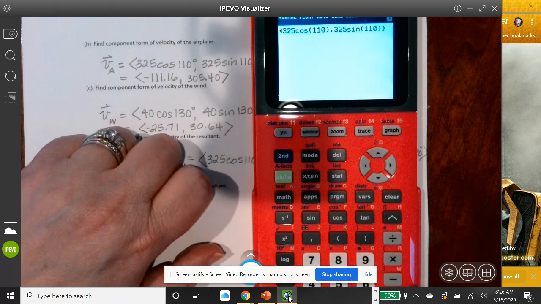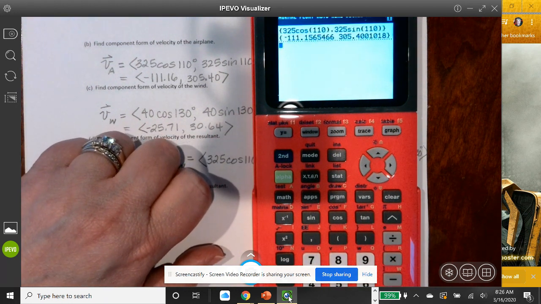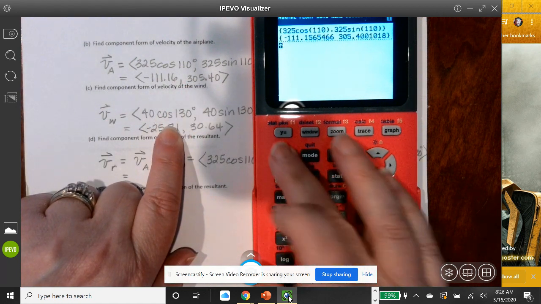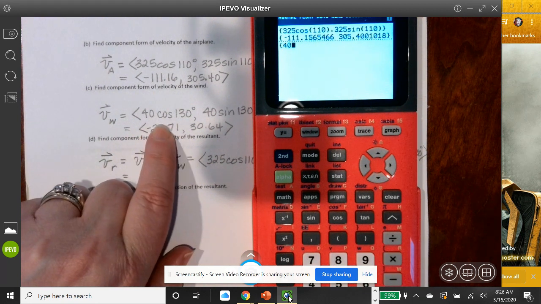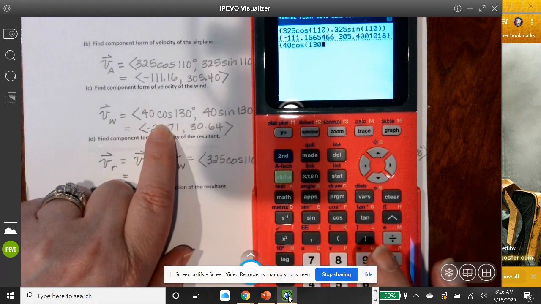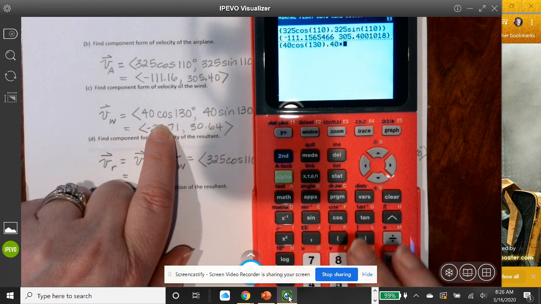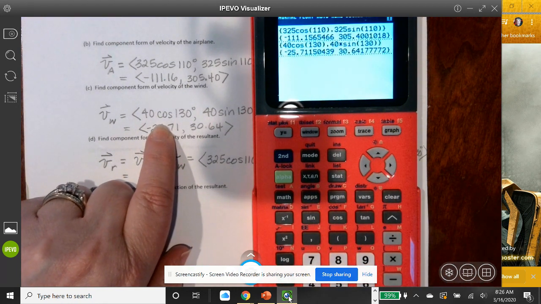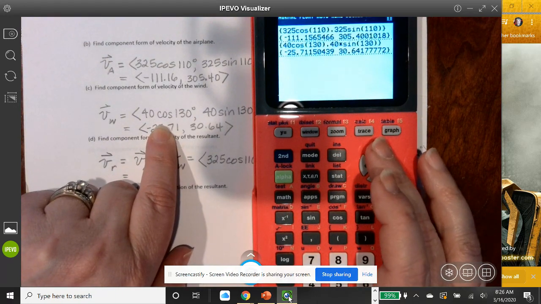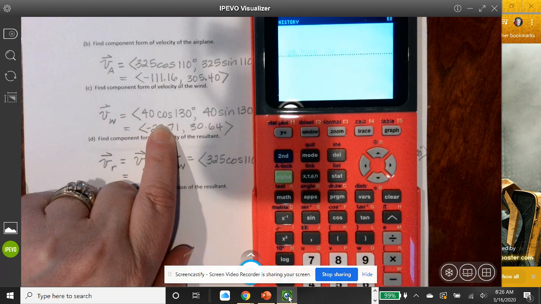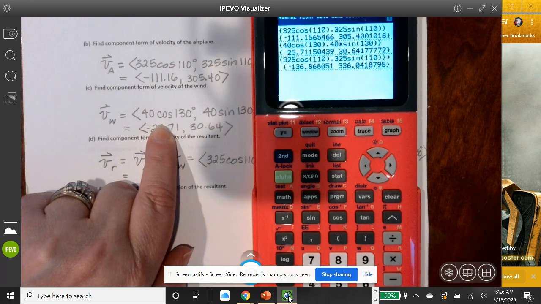There's my vector. Then I can do the second one: second curly brace, 40 cosine of 130, comma, 40 times the sine of 130, close the curly brace, and there's my second vector. And believe it or not, I can take the first vector and add it to the second vector, and we get a resultant.